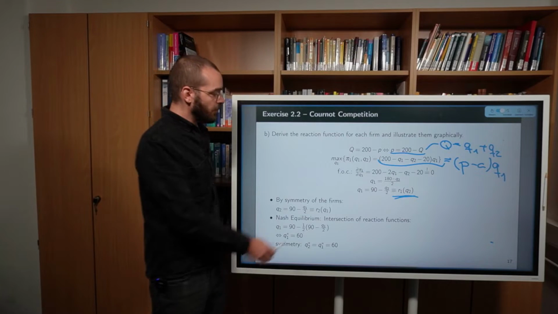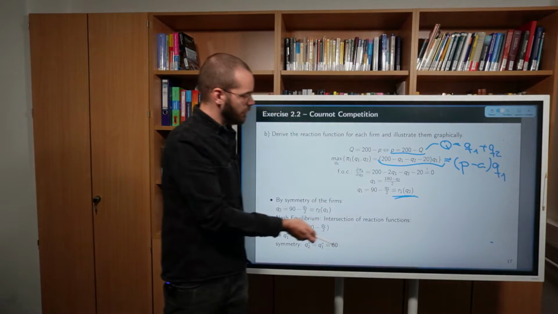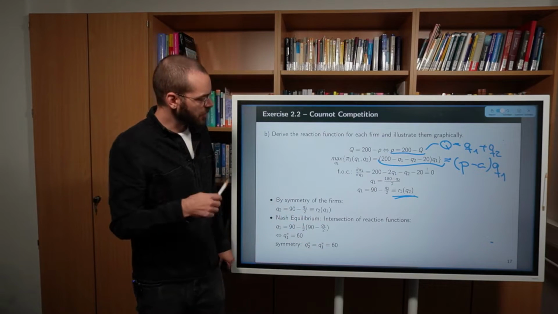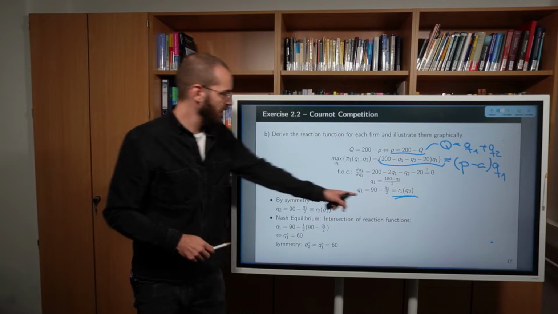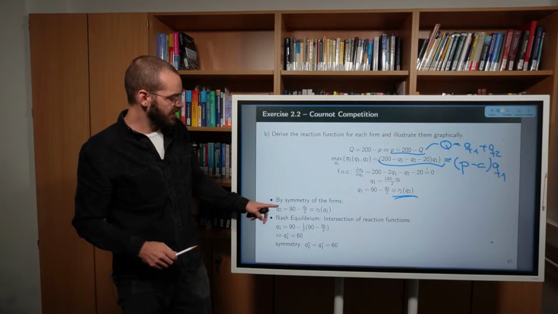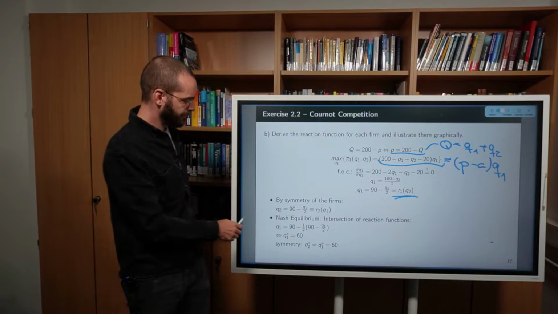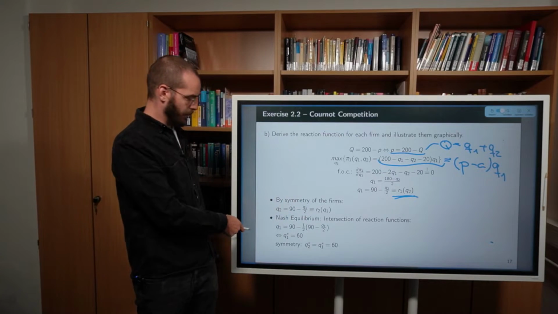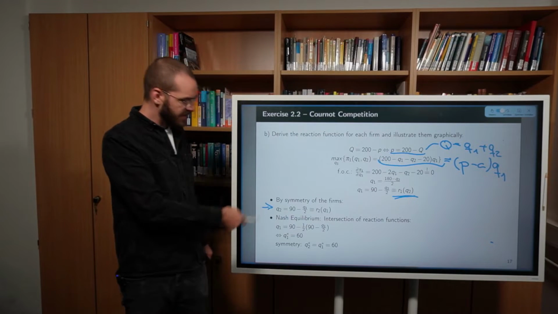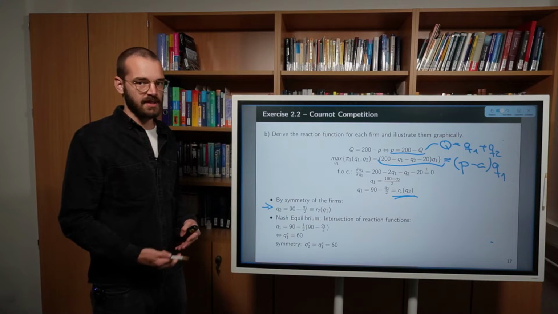So if the reaction function of firm 1 reads R1 of Q2 equals 90 minus Q2 divided by 2, then the reaction function of firm 2 reads 90 minus Q1 divided by 2. All right? So by symmetry of the firms, we can simply state that this is the reaction function of the second firm without having to do all the calculations once over again.